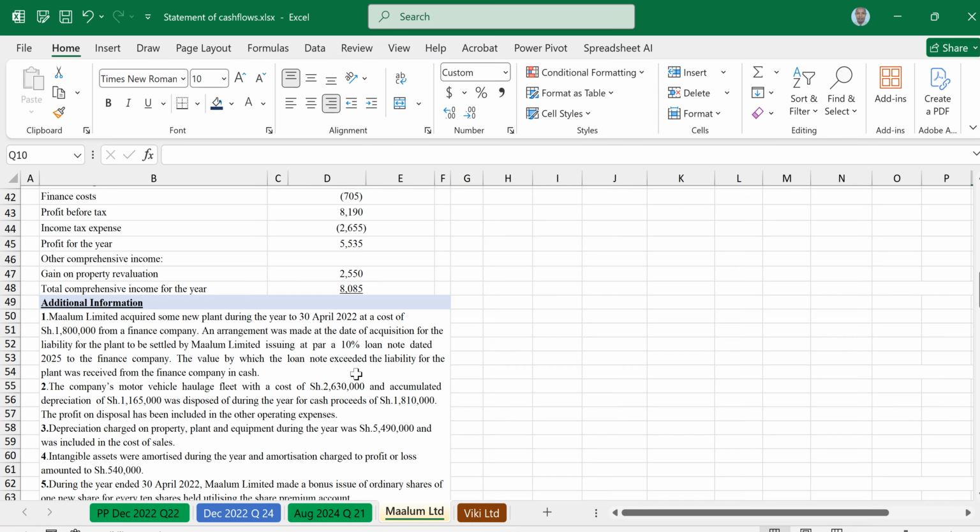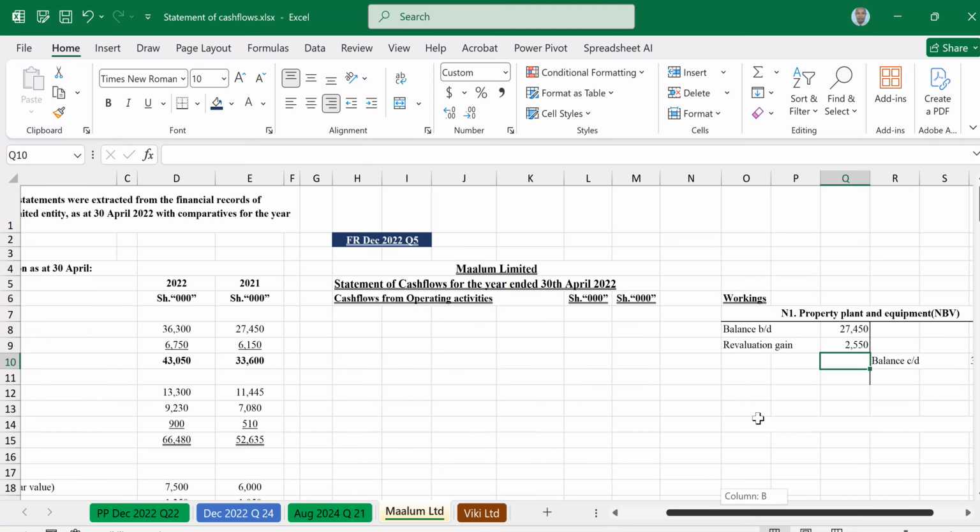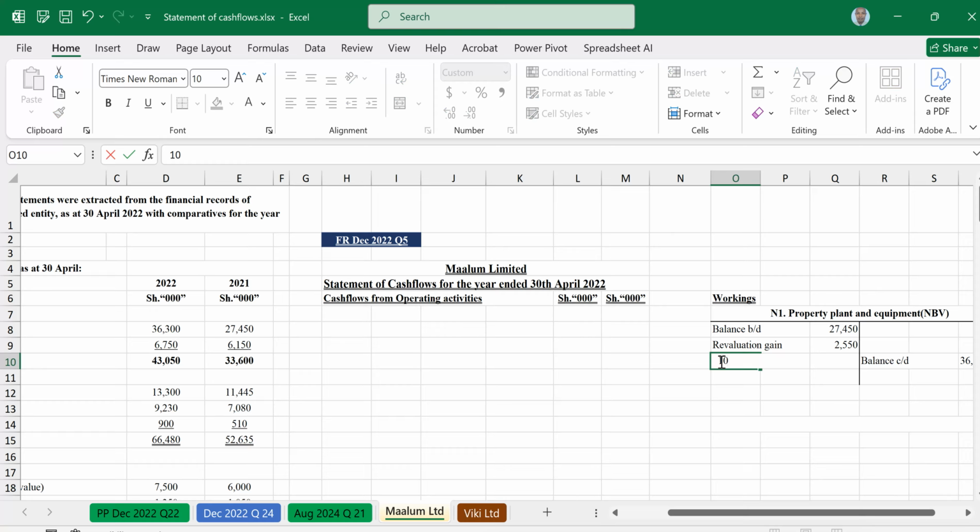The value by which the loan note exceeded the liability for the plant was to be received from the finance company in cash. So they're acquiring a plant of 1.8 by issuing a 10% loan note. That therefore means that we have a 10% loan note of 1,800.